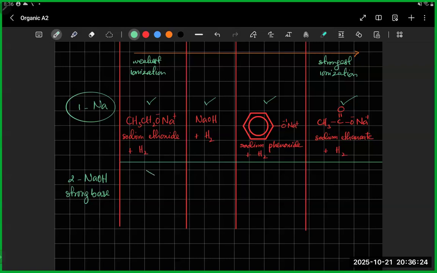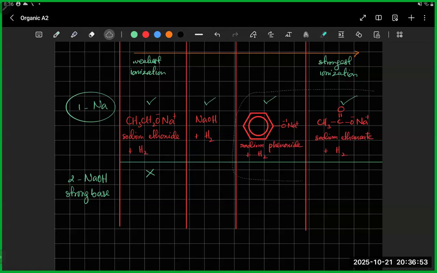Alcohols don't react. So no reaction. I'm going to exclude water because NaOH also does not react with water as well. Phenols do react. Carboxylic acids do react. And you kind of pretty much get the same exact thing.